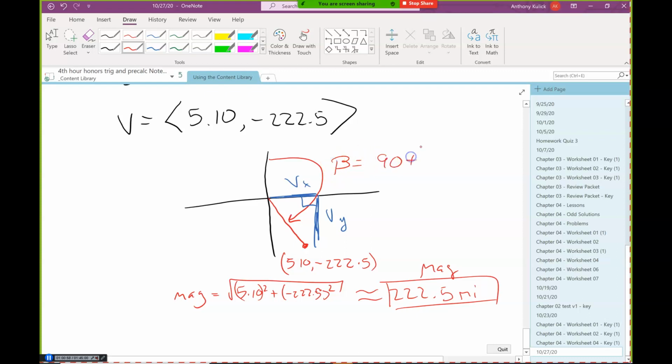So phi is just going to be the inverse tangent of the absolute value of Vy over Vx.